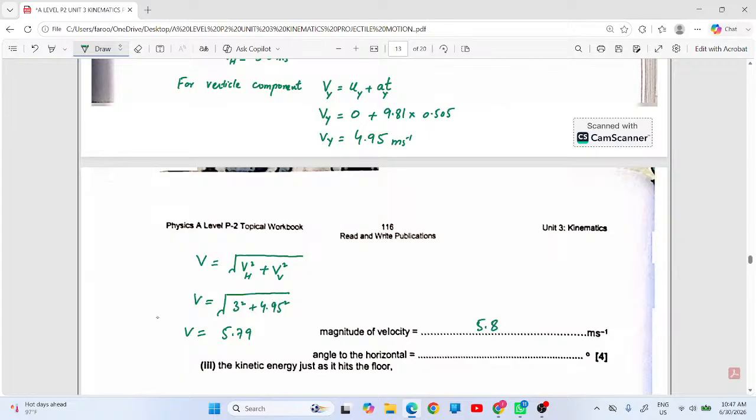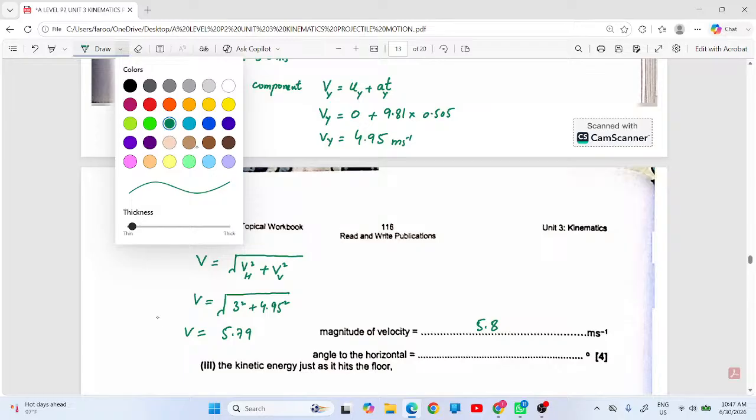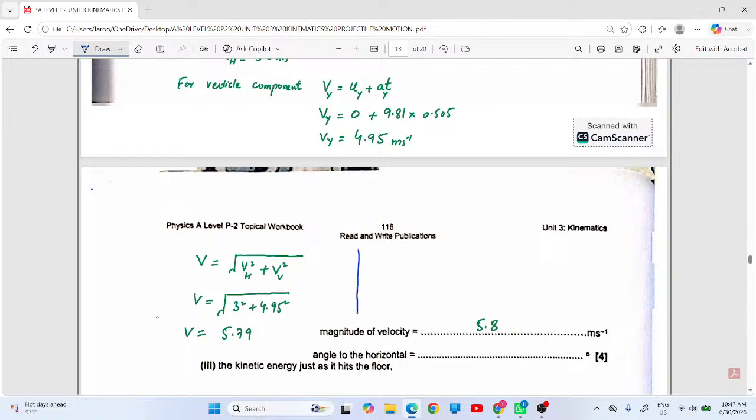And the next part is you have to find out the direction. डायरेक्शन के लिए हम क्या यूज करते हैं? थीटा. Theta equals tan inverse of vy over vx.